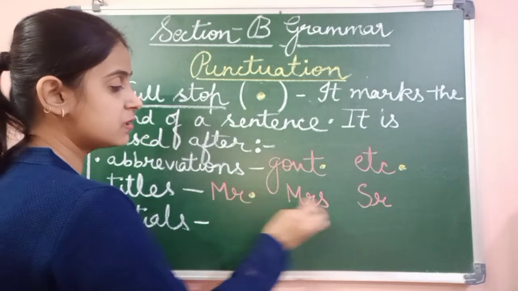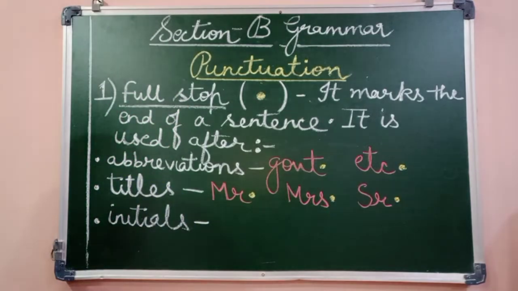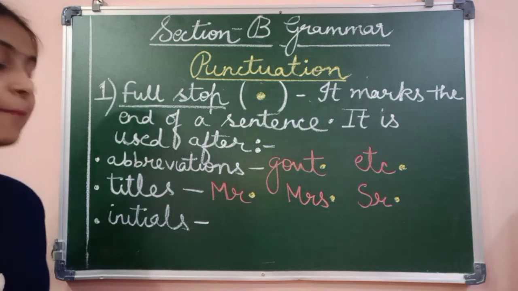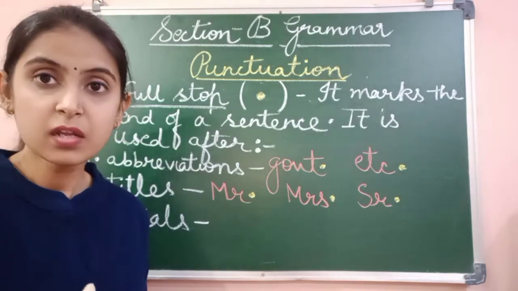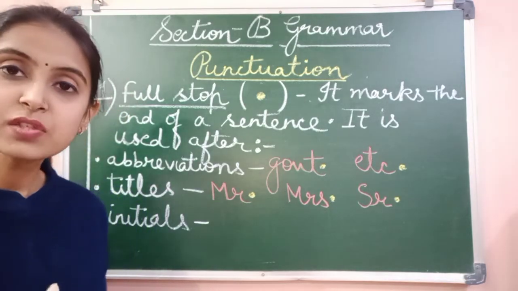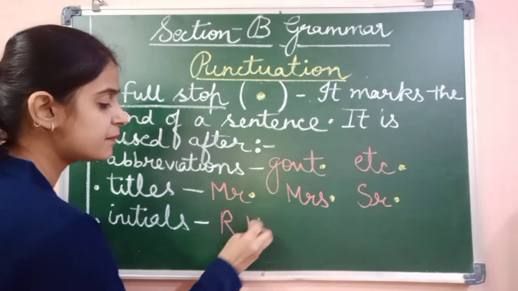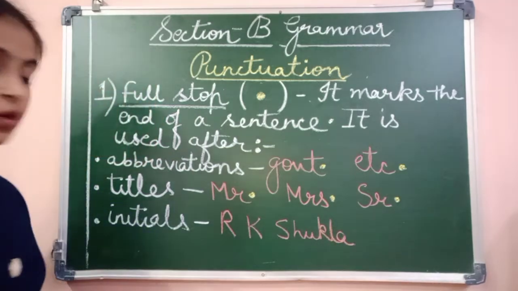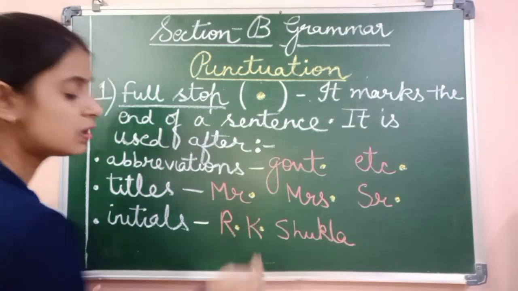So after titles also we put dots. Right? Then dot is also used after initials. Initial means the first letter of the name. For example, if somebody's name is Ram Kumar Shukla. Okay. So instead of writing the full name, we can write RK Shukla. Okay. RK Shukla. And here after every letter we will put a dot.